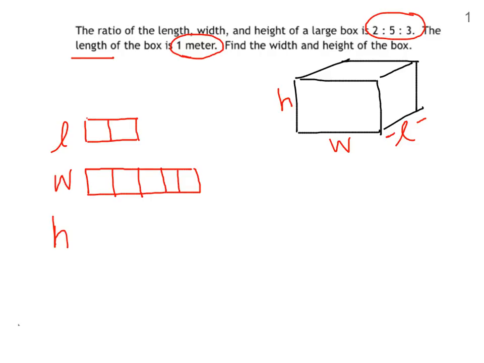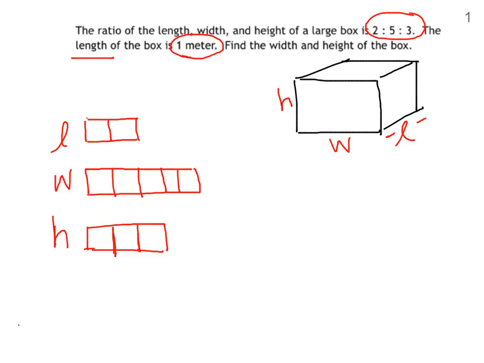And then the height is 3 units, so we're going to make that 3 units. Now you might notice right here that my width unit bar didn't get divided into such even looking quantities. As long as you can coordinate them, that you know that each of the smaller parts represent the same quantity, it's okay. You don't have to be perfect.